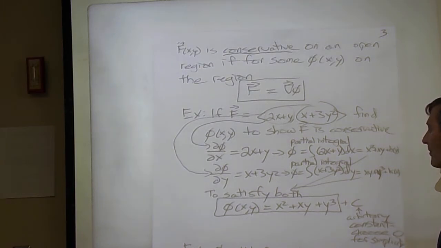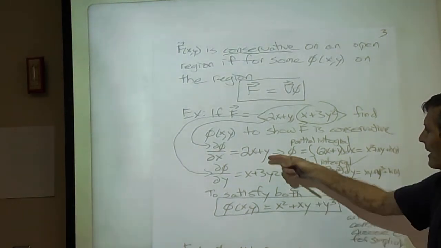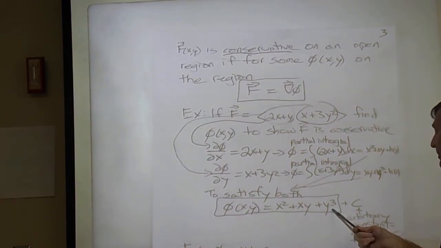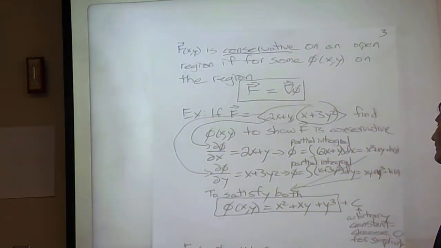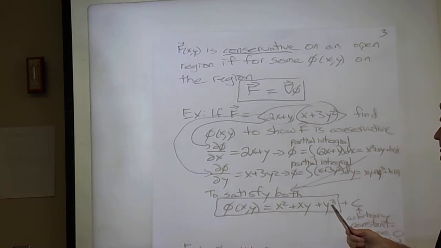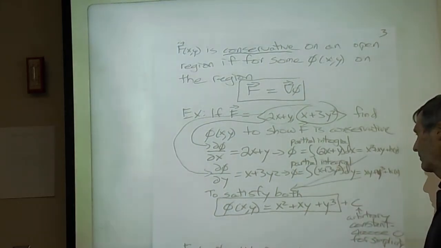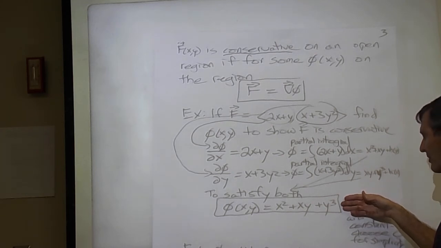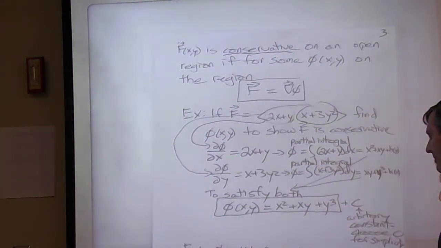That's the most general function such that d phi dx is this and d phi dy is that. So here is a potential for this vector field. You can take the partial derivatives again to check, and you get these two things. Most people like to leave the c off and just put 0 here. Who wants to write an extra constant all the time?